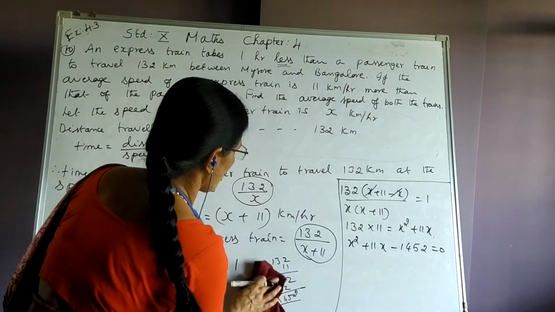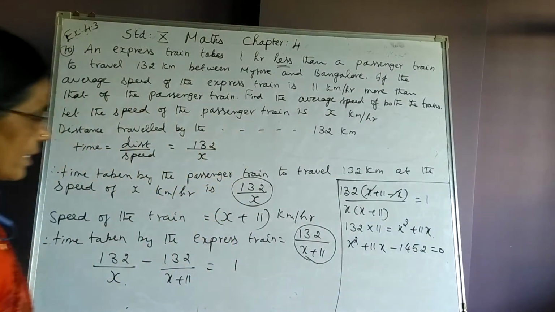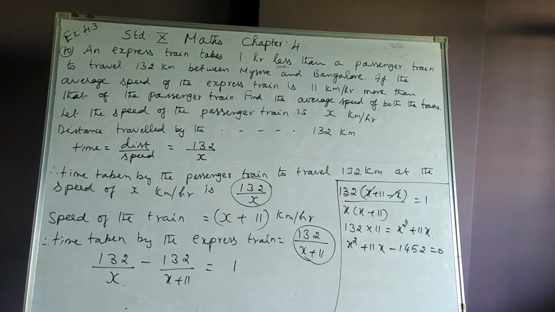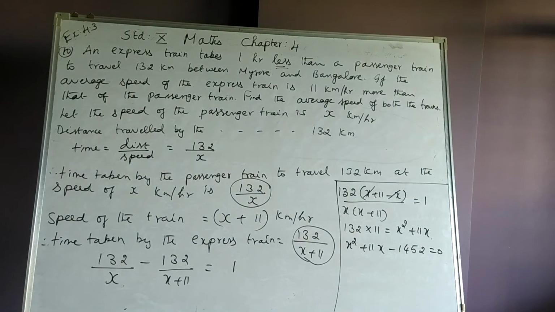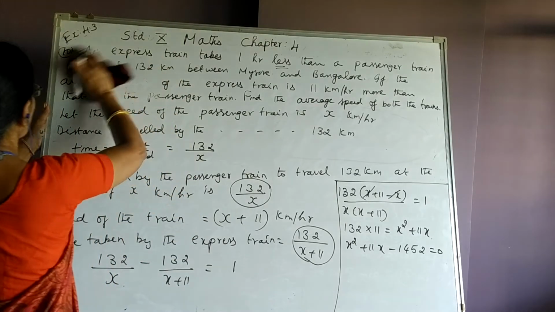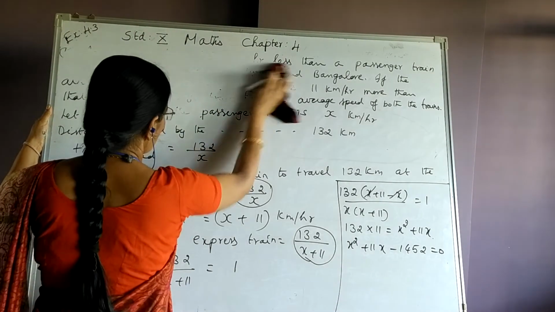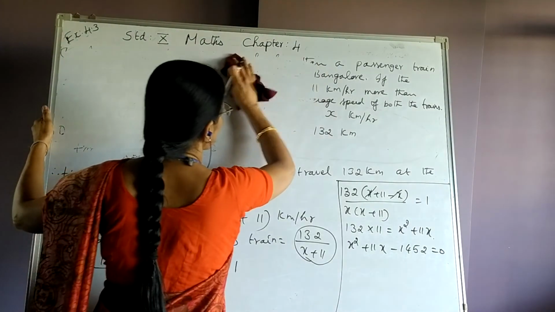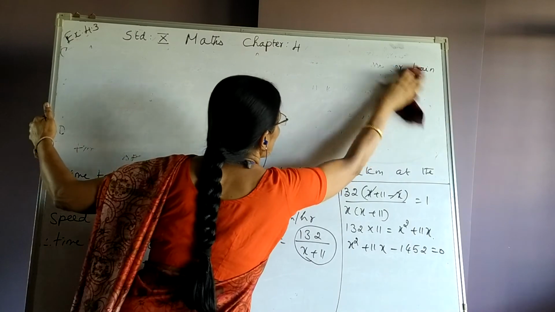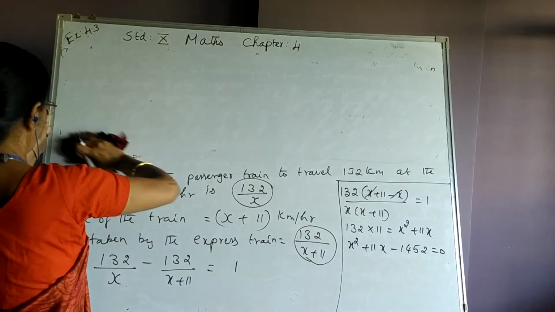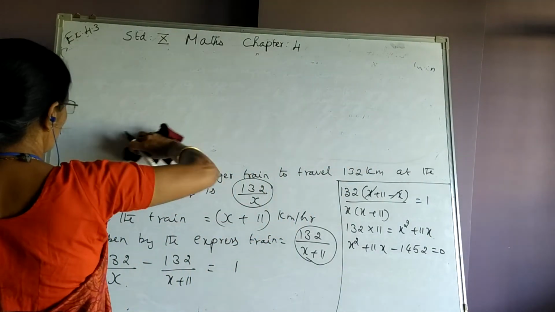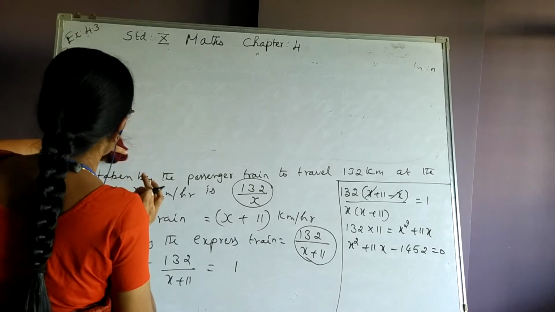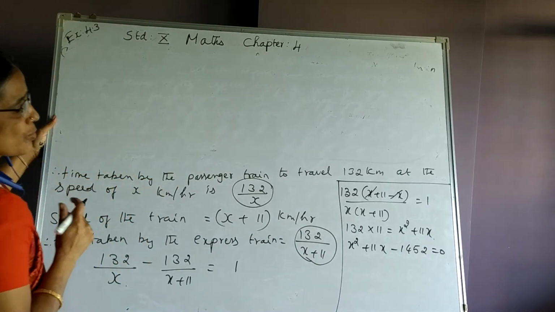Equal to 0. Now getting the factors of x square plus 11x minus 1452, here too we can use either factorization method or formula method to find out the value of x. If we don't get by factorization, in that case you can try formula method.